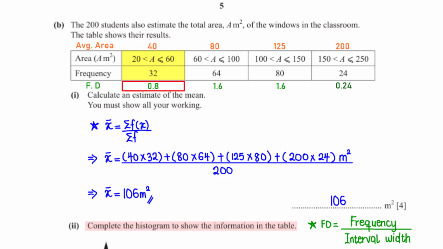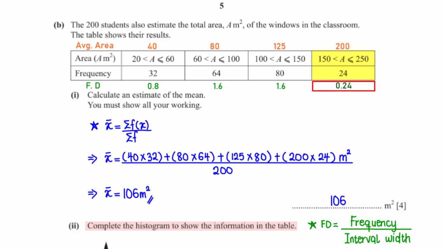This is equal to 0.8. Then we have 64 divided by 100 minus 60, which is equal to 1.6. Then we have 80 divided by 150 minus 100, which is equal to 1.6. Then finally, 24 divided by 250 minus 150, which is equal to 0.24.